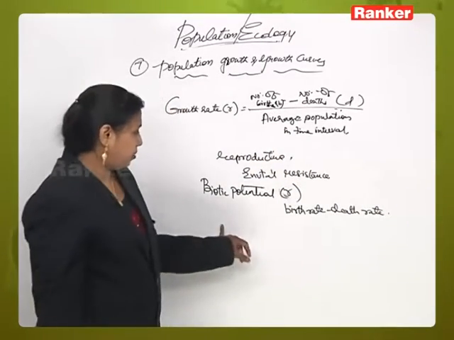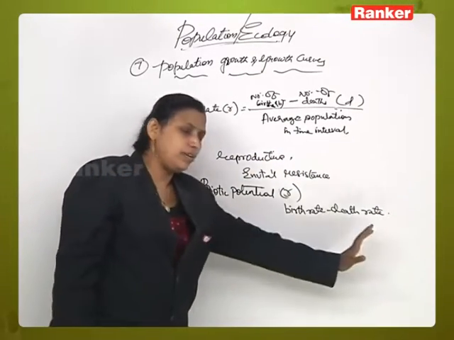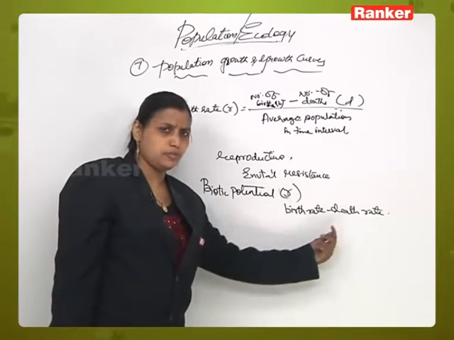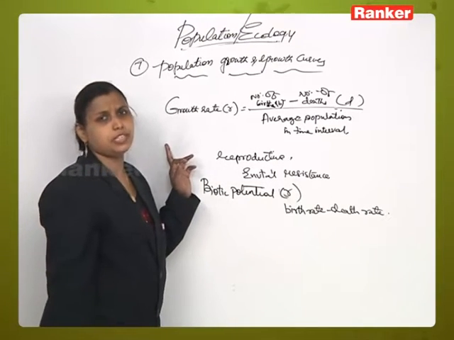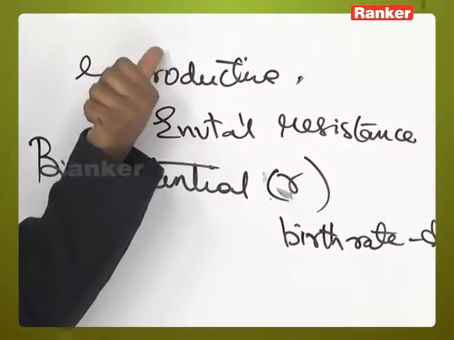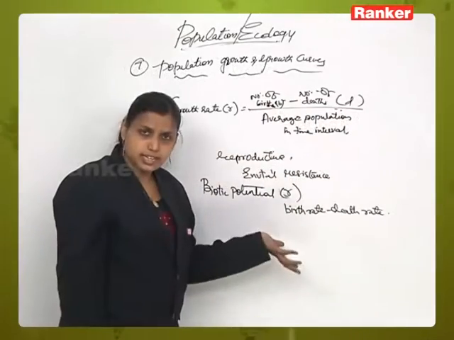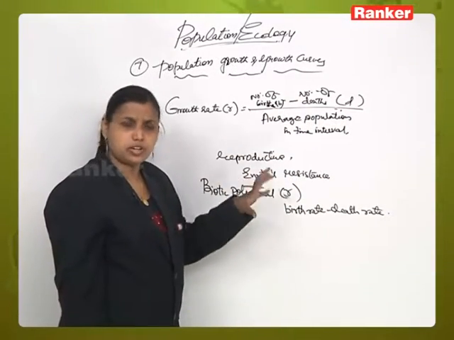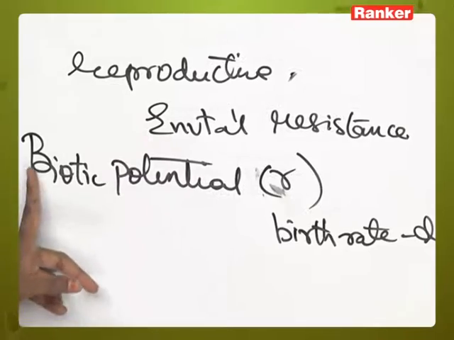Out of the total population, how many births are there, how many are living and how many are dead. The ratio or the difference between the two will give us the biotic potential. The growth of a population can be categorized based on the percentage of reproductive phase and the environmental resistance capacity of a particular individual in a particular habitat.